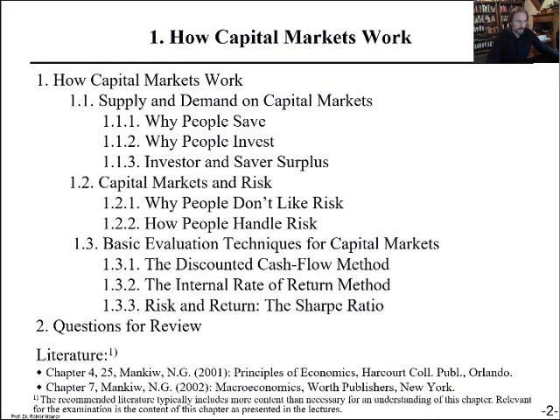In section 1.2 we will discuss why most people do not like risk and how financial markets can help to reduce risks. The last section of this chapter deals with some basic mathematical procedures used to evaluate prices and returns of financial market assets.